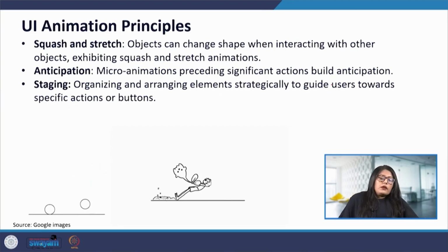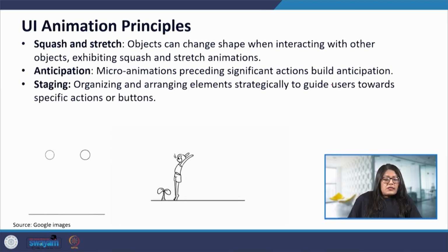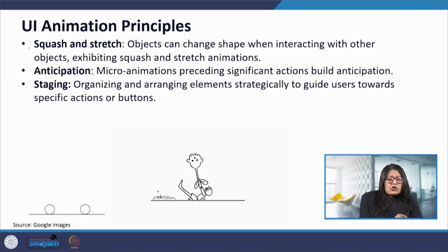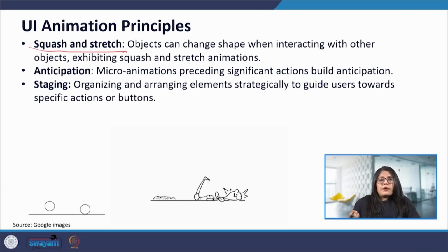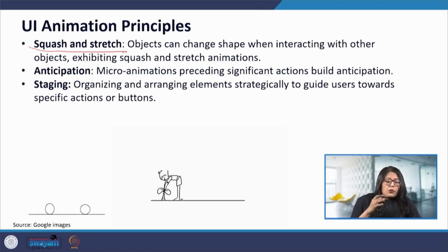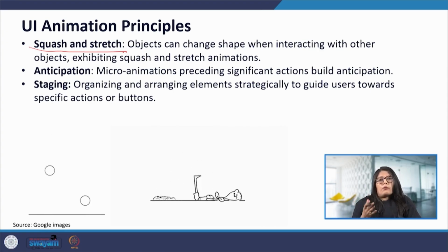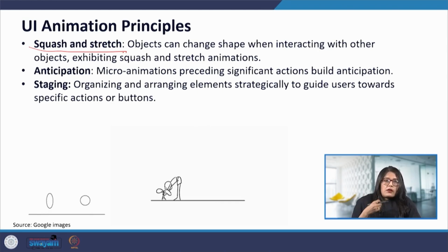Now, certain UI animation principles like squash and stretch, so they change their shape when they are interacting with other objects, like this ball is bouncing. So, it is not changing its form, it is getting squashed, but it is again springing up. Or anticipation.